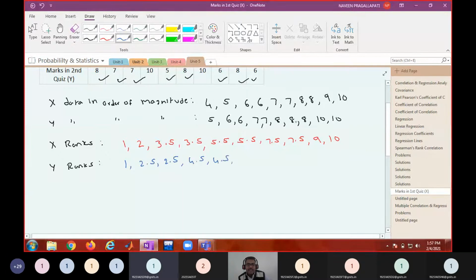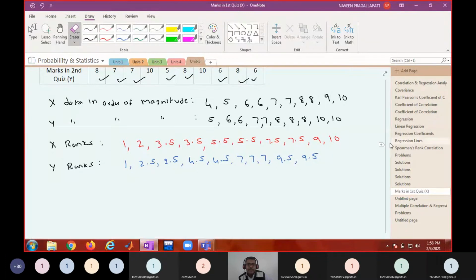Then 6, 7, 8: the average is 21 by 3, which is 7. So 7, 7, 7. Next, 9th and 10th positions are occupied by 10, so 19 by 2 means 9.5 and 9.5. Is this clear? Once you do this correctly, everything is very easy.